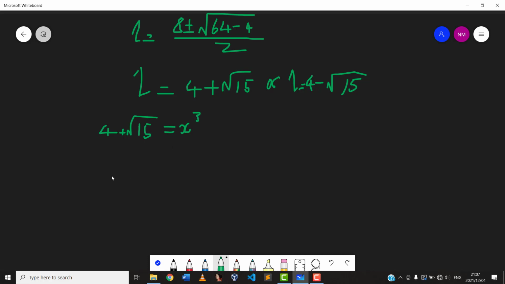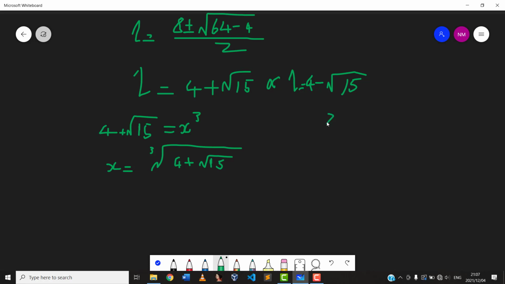And then it's going to give us a long decimal answer, but yeah, it doesn't matter. So the answer would be cube root of 4 plus square root of 15. So that's our answer for this one. Now let's get this answer in terms of x as well.